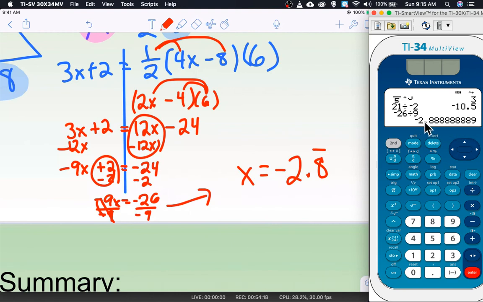So that's why it goes negative 2.888888889. If this could continue forever, it would keep going 8888888888 forever. But because the calculator rounds, there's an 8 here and another 8 after it, it rounded up. Okay, so be cautious of it. Understand that your calculator does it.